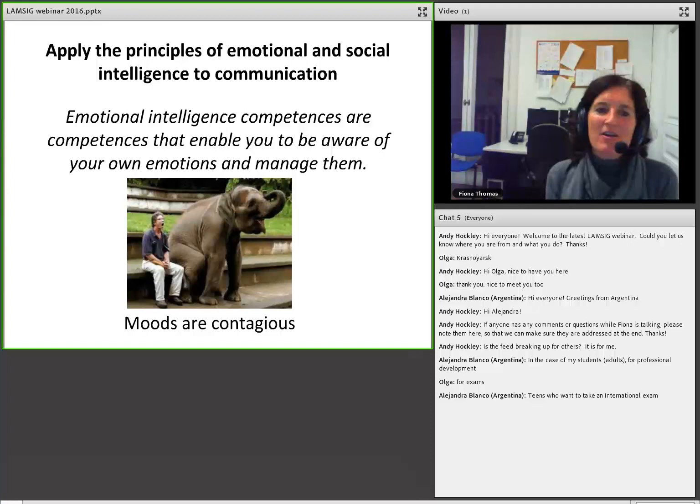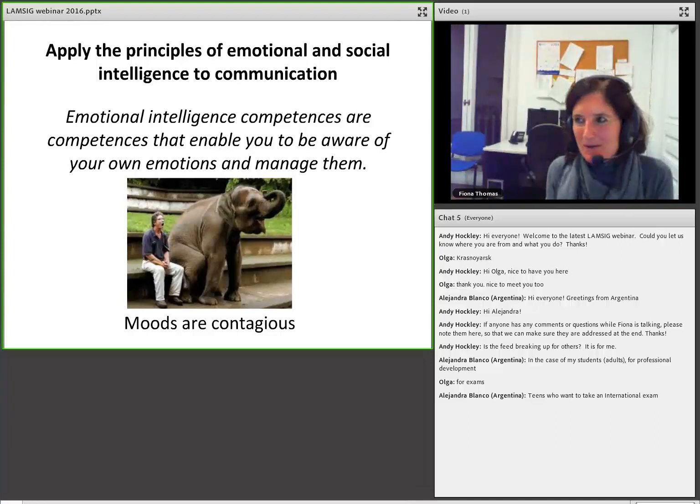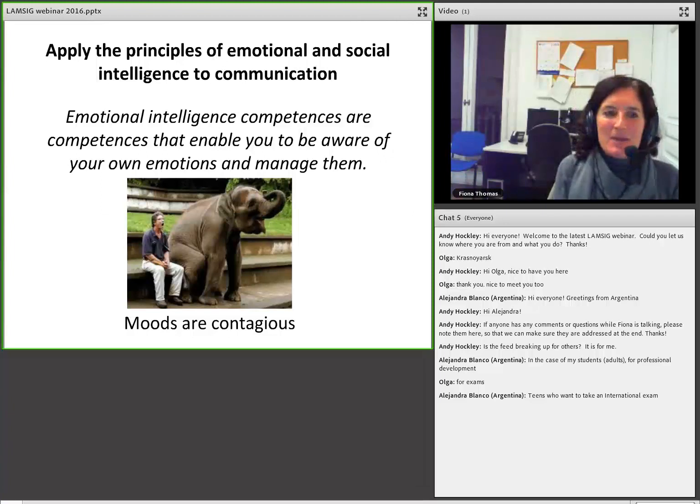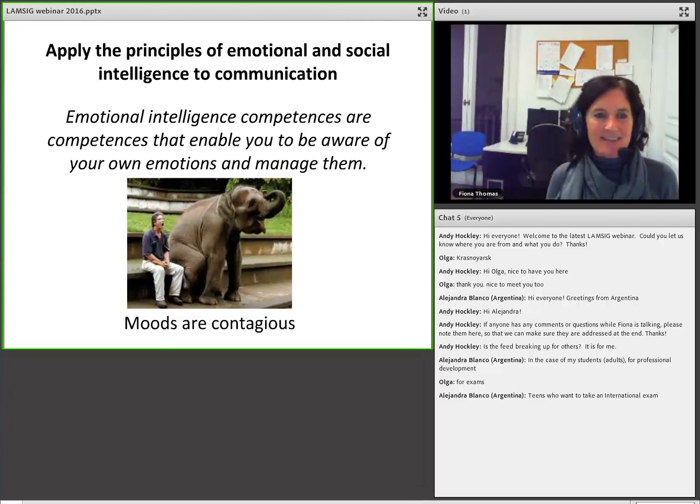But the same is very, very true when we're not having the best of days. And of course we have bad days and we can be in bad moods and things happen which make us irritable. The important thing, I think, is to be very aware of how we feel. And if we're having a bad day, we need to remember that maybe it's not the best moment to communicate with certain students and clients, depending on what you have to talk to them about.